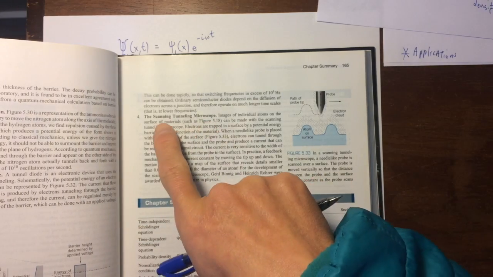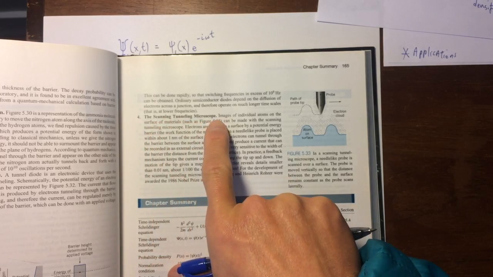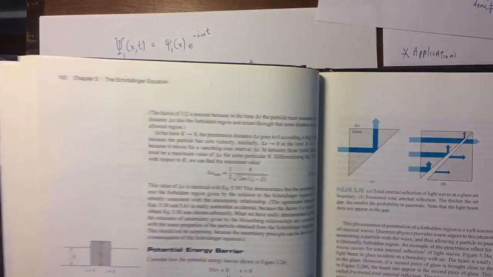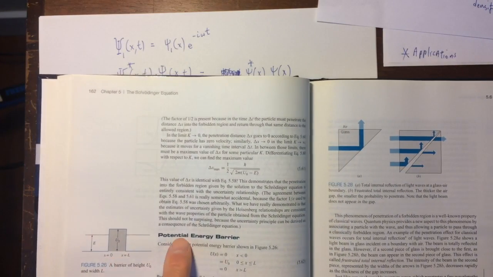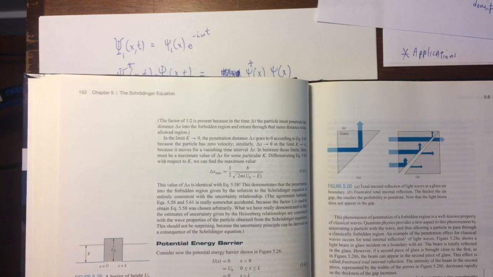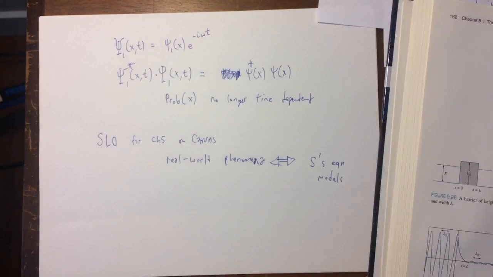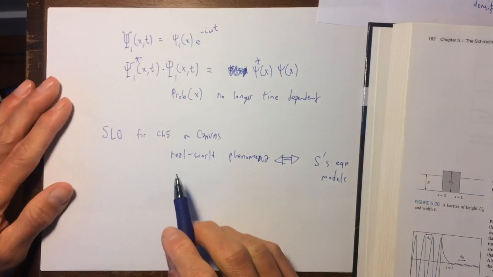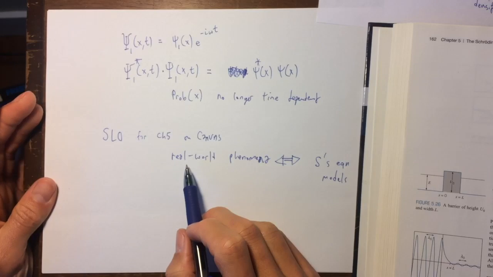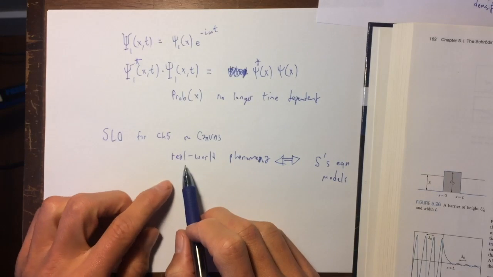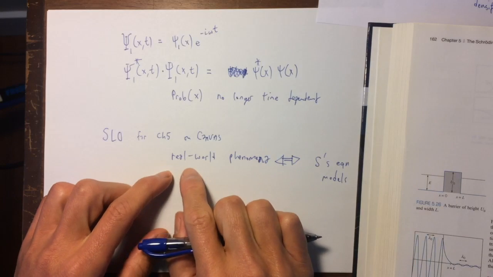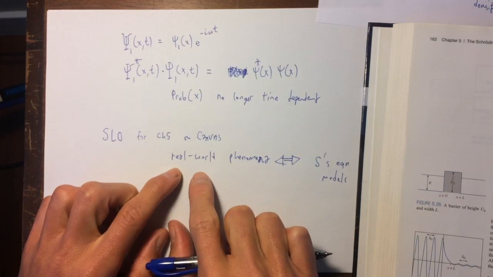If you can figure out how the scanning tunneling microscope is modeled by a potential energy barrier, then the honest truth is you've learned a lot. You really want to know, like, right, physics really is about how nature behaves. It's not math. All this stuff is really cool math and yada yada, but the point is how do you connect it back to the world?